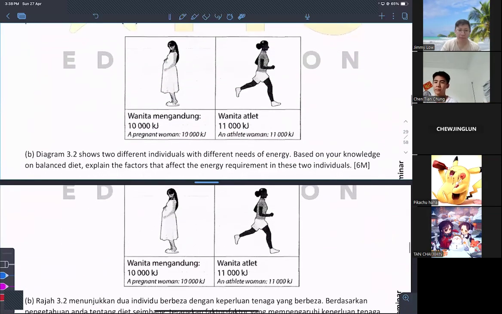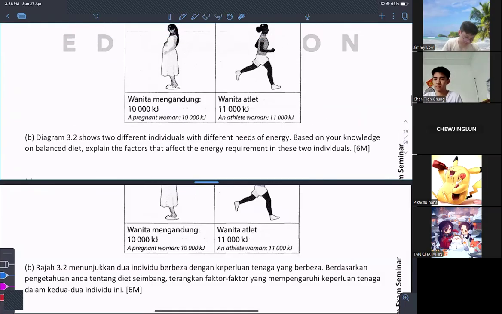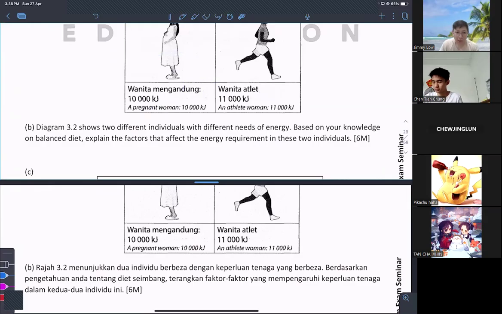Okay. So B. Two different individuals have different energy needs. One is pregnant, another one is running. Based on your knowledge, explain the factors that affect the energy requirement in these two individuals. So you don't say the other things. Based on the two of them, you explain the factors.